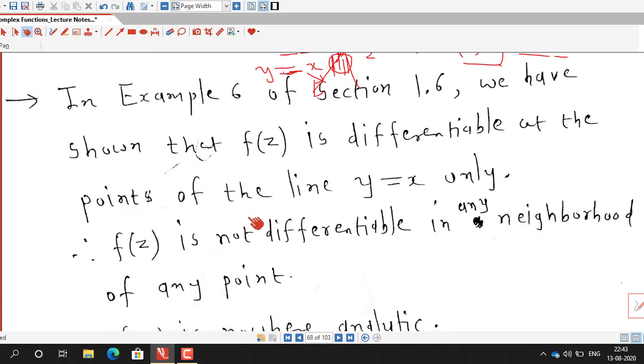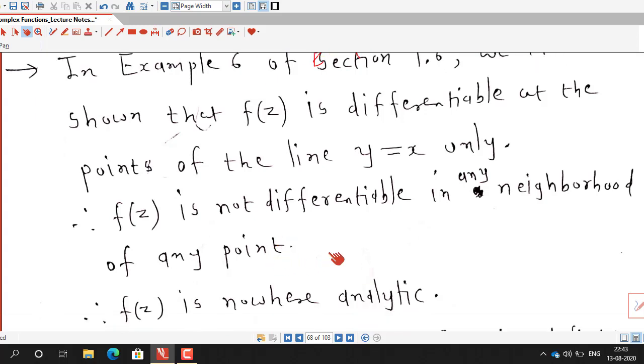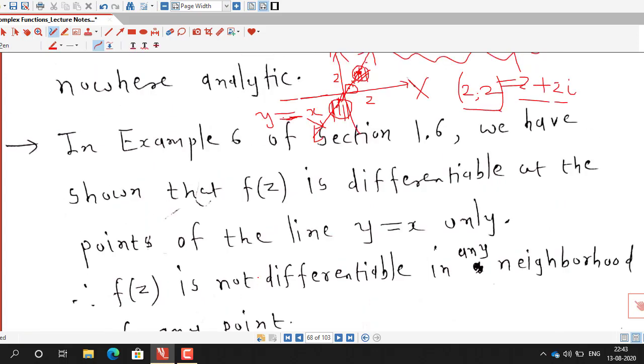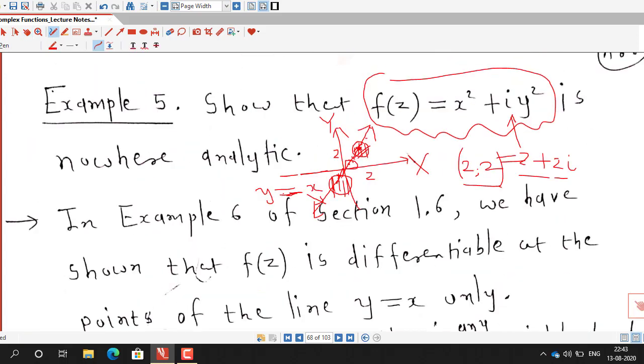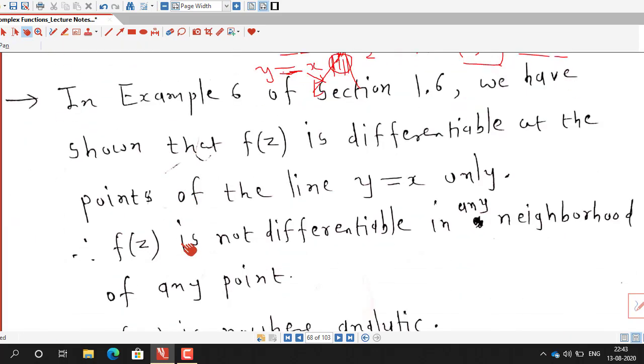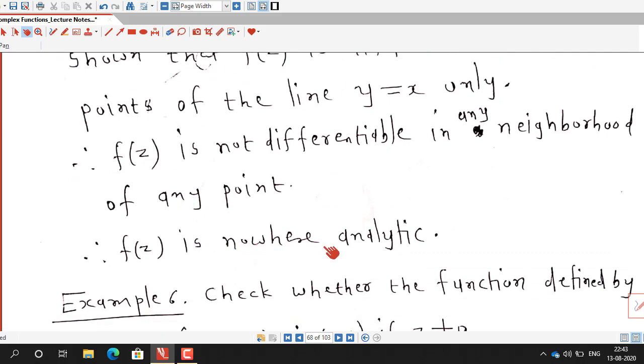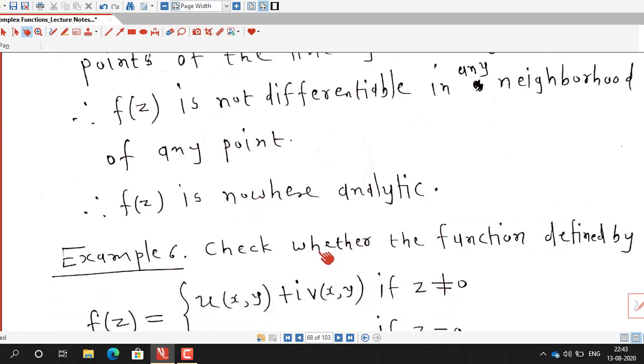Therefore f of z is not differentiable in any neighborhood of any point on the line y equal to x, and so the function is nowhere analytic.